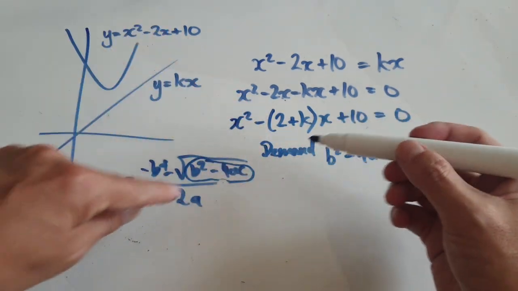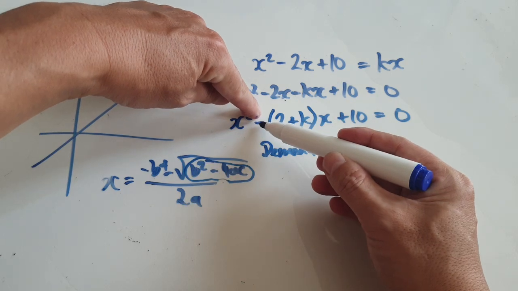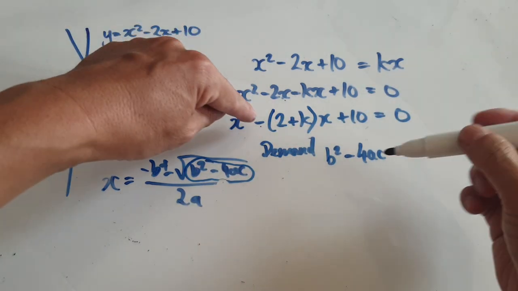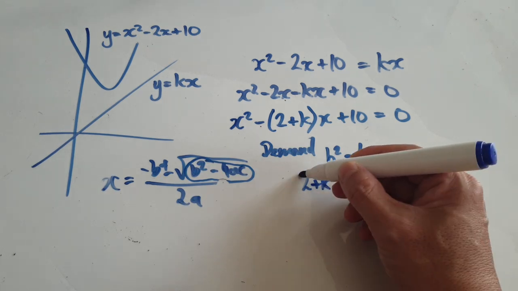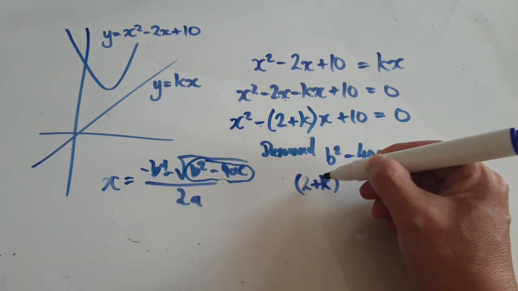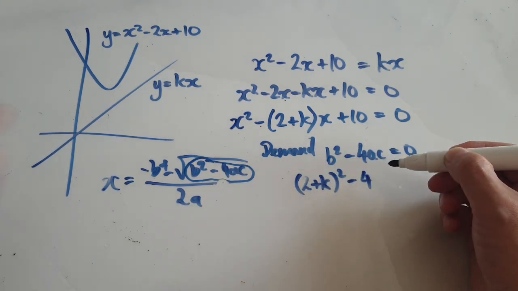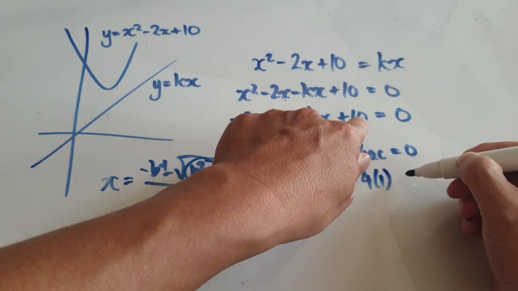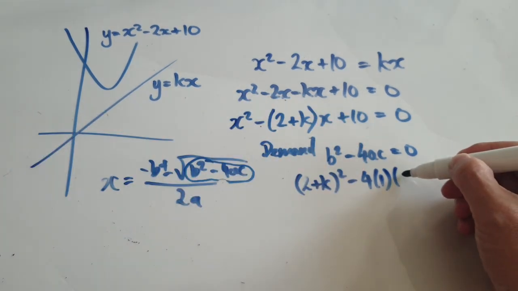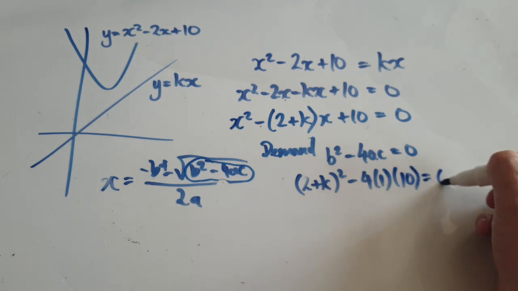So when you square our b, remember there's a minus here, so when you square it, the minus disappears. So b squared is actually 2 plus k all squared. That is b squared. Minus 4a, where a is 1. And then c is 10 equals 0.